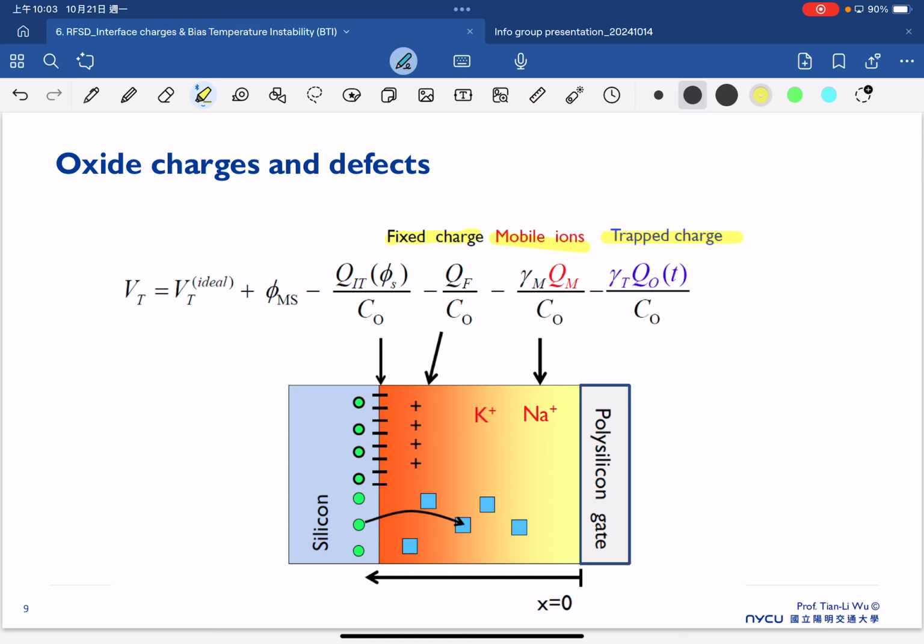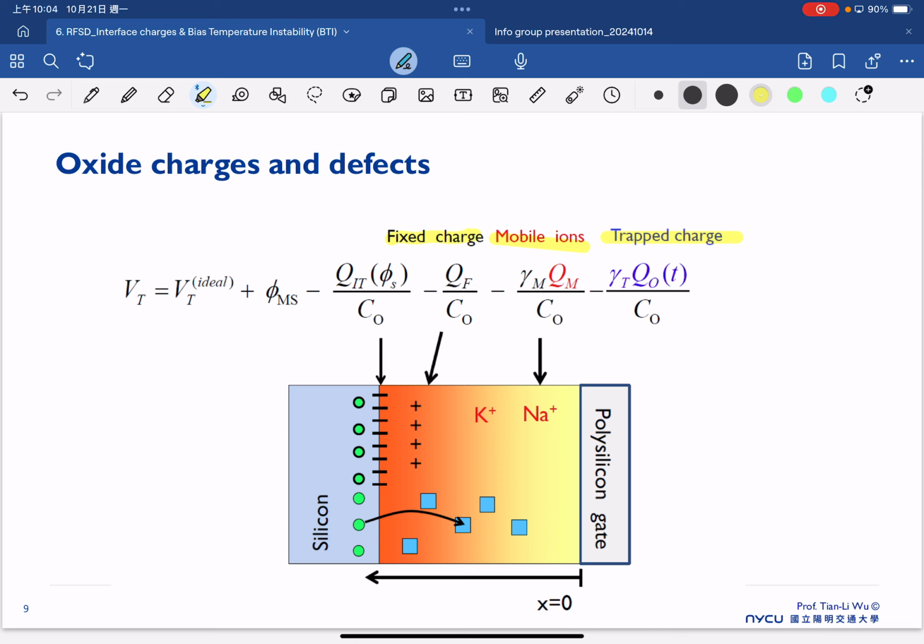For example, in one transistor, ideally you can do a hand calculation of your threshold voltage by considering the ideal threshold voltage plus the metal-semiconductor work function.